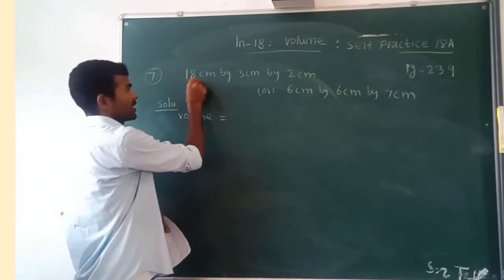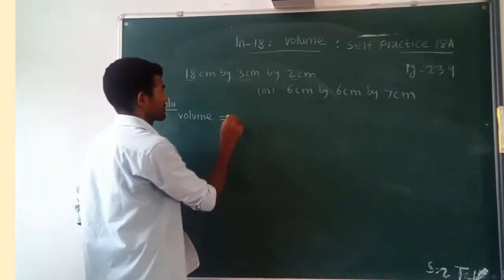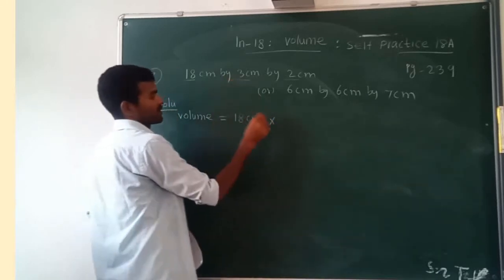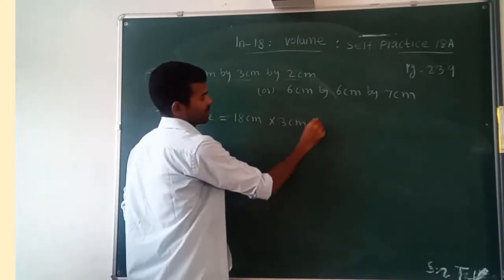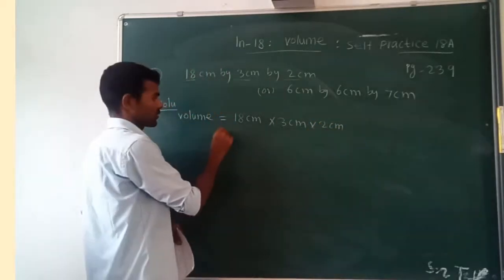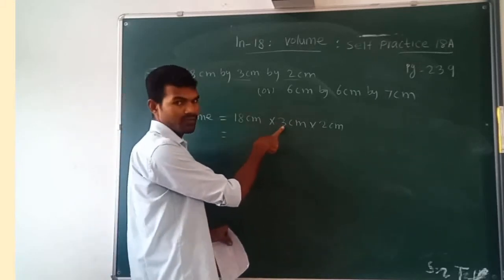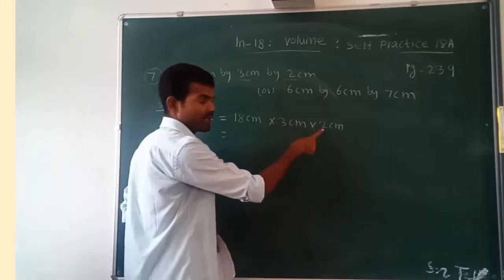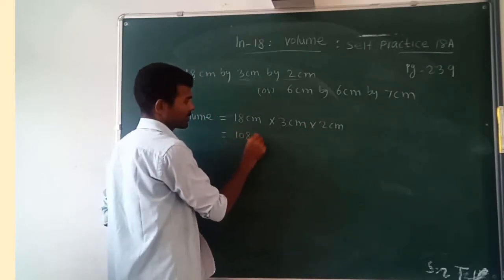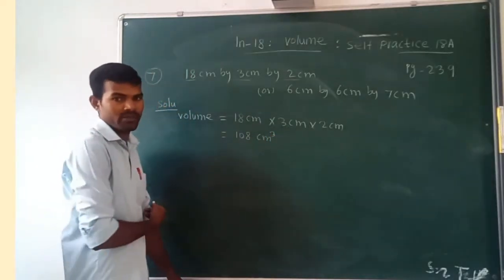Here they have given 18, 3, 2. All three numbers multiply: 18 cm multiply 3 cm multiply 2 cm. 18 multiply 3, 54. 54 multiply 2, 108. That is 108 cubic centimeter.